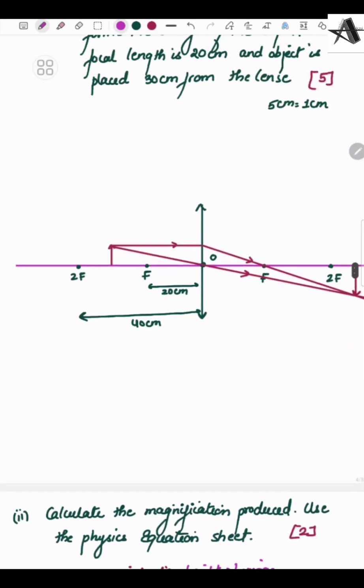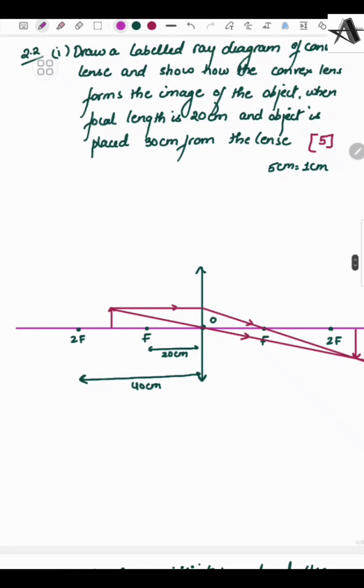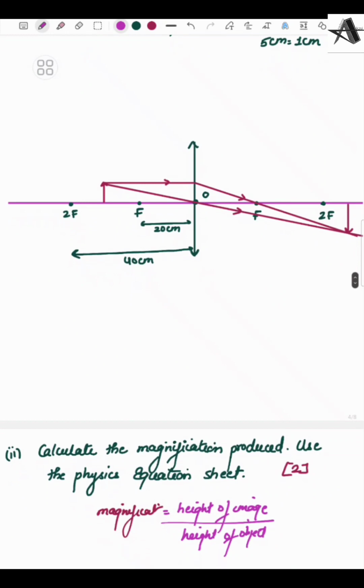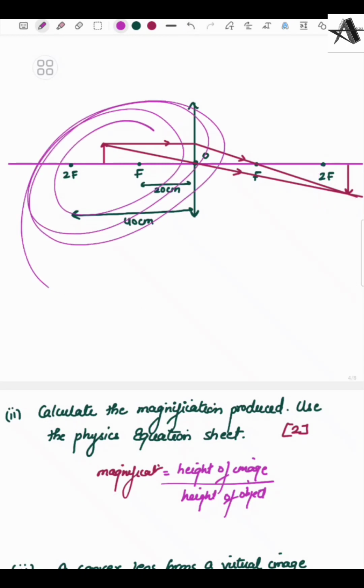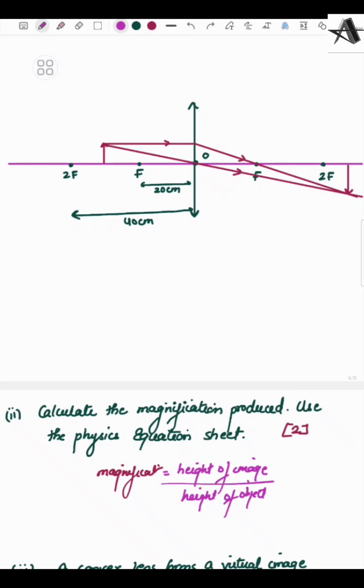It was just to tell you how exactly we can do it. But whatever be the height of the image, you have to measure it with the ruler. This will be the height of the image, 12 centimeters, 2 centimeters, 3 centimeters, whatever it comes out to be, divided by the height of this object. This will give you the magnification.